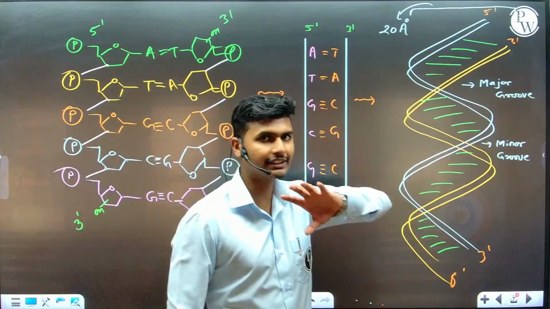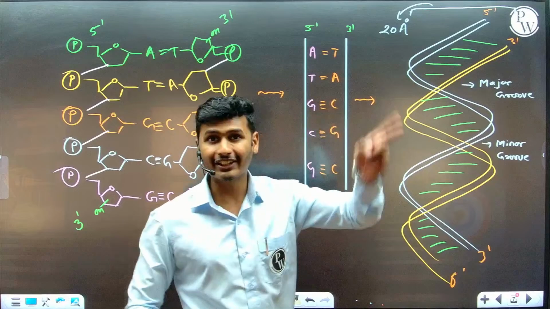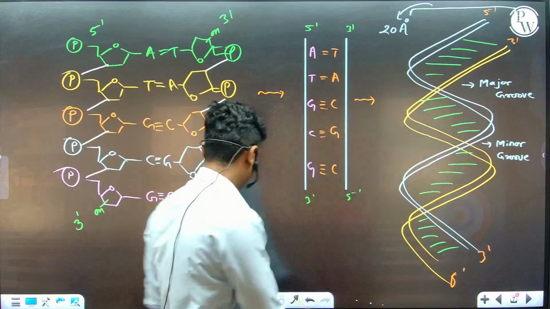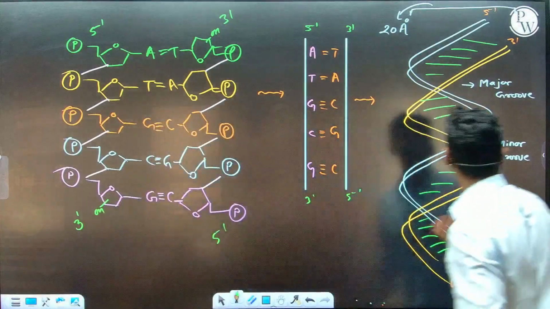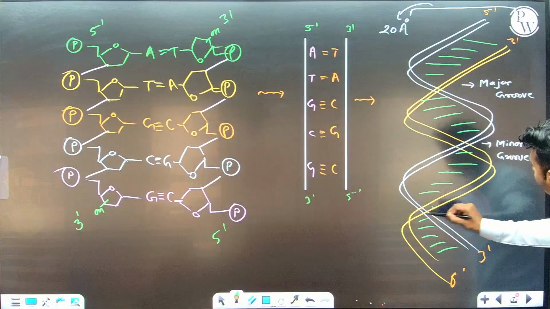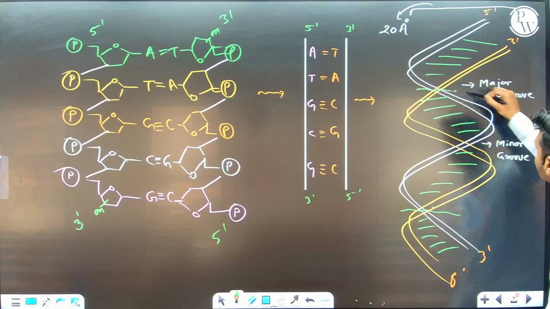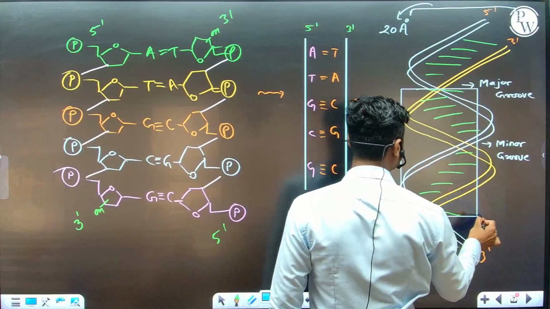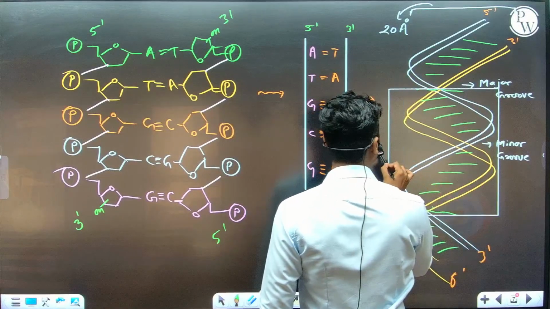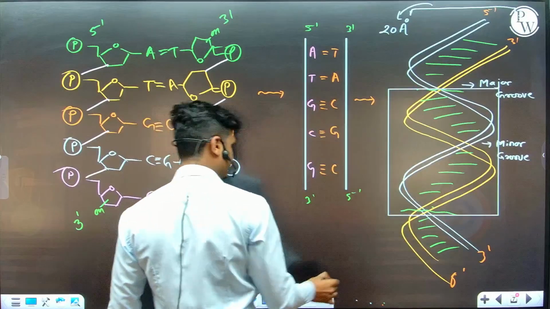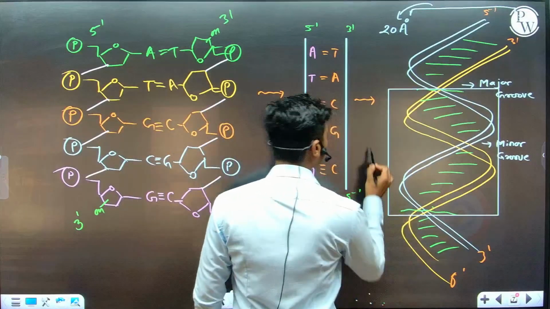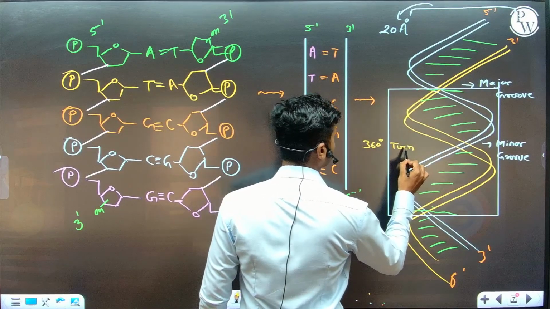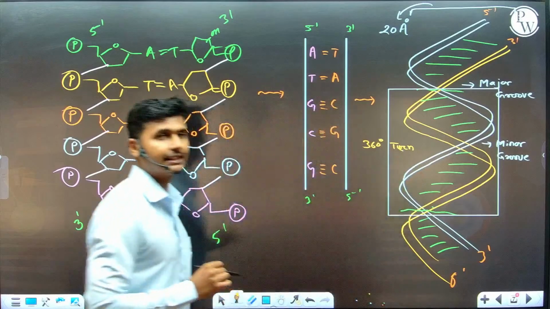So understood the thing. We have to calculate one 360-degree turn, major to major or minor to minor. If I am talking about major groove to major groove, this much is a 360-degree turn.